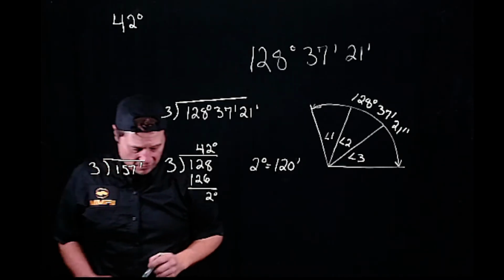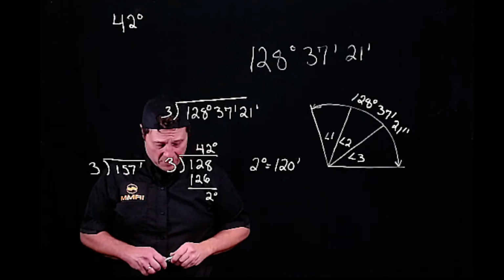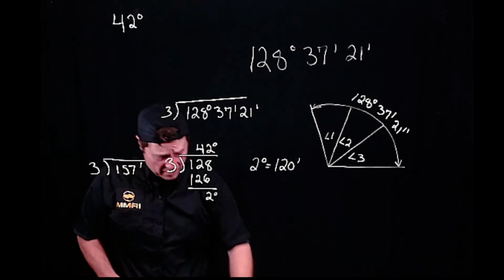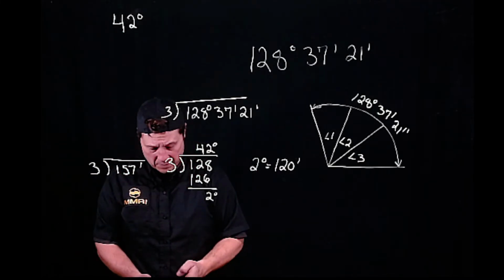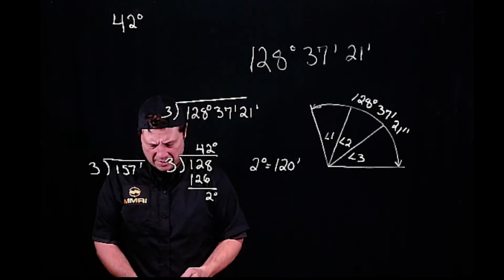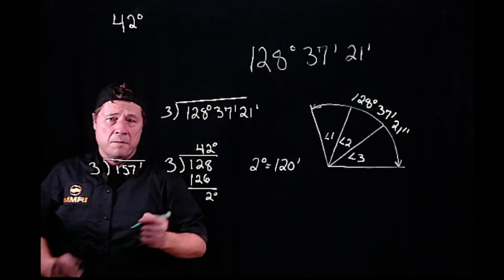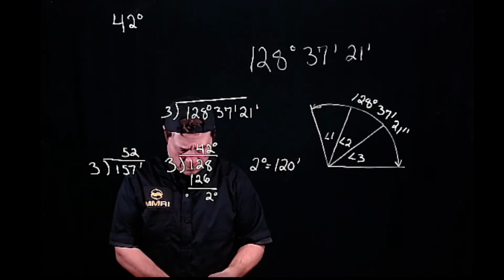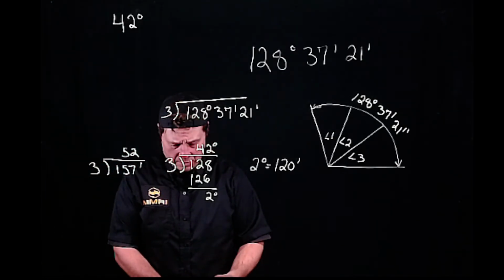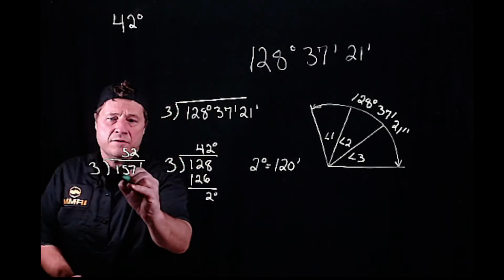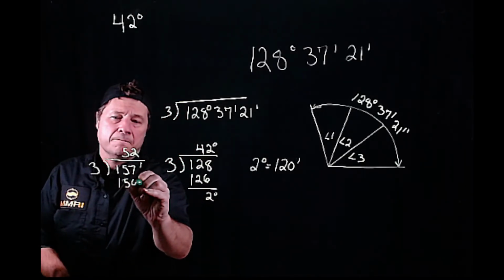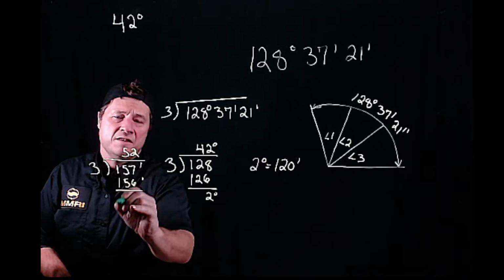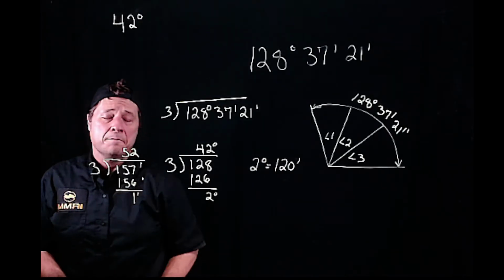Now I want to divide 157 by 3. 157 divided by 3 is 52 whole minutes. 52 times 3 is 156, so 157 minus 156 is 1 minute.